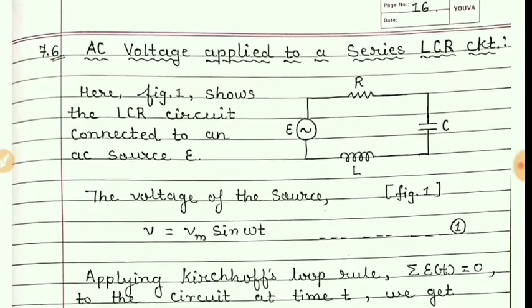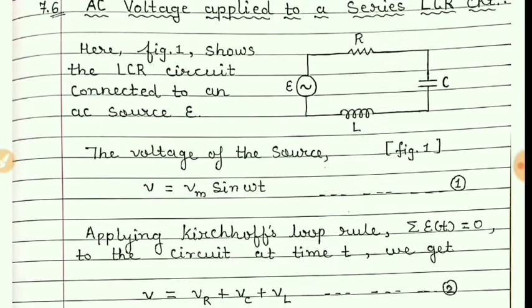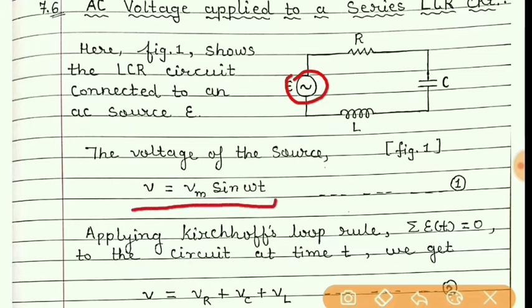So now students, you can see here the source voltage is given by V is equal to Vm sin omega t as usual. Let us give this equation number 1.